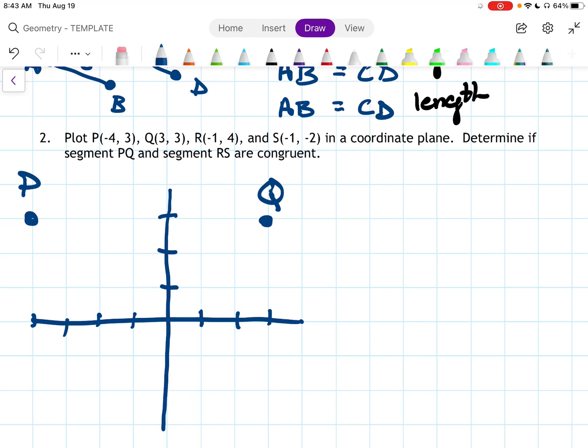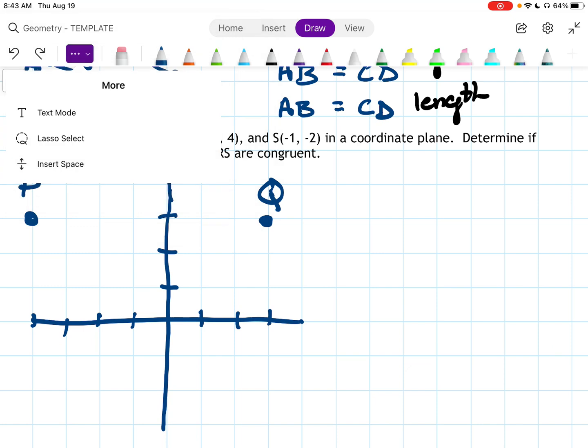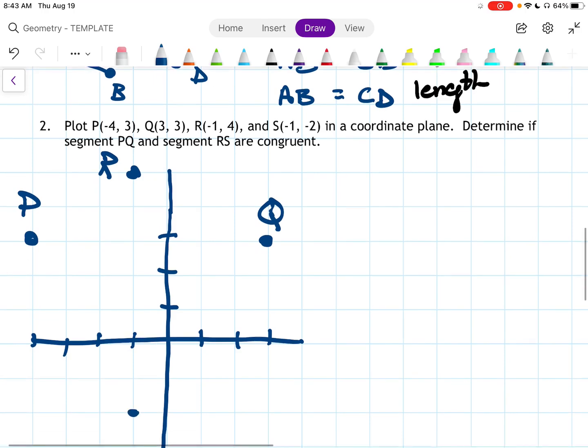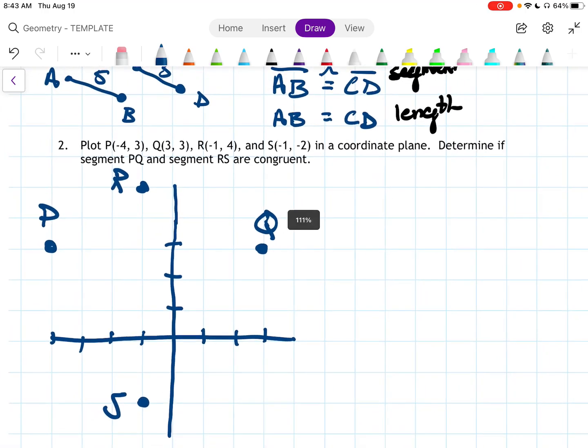R is at -1, 4, 1, 2, 3. Well, I guess 4 is going to be up here. There we are. And S is at -1, -2 down here. Okay.